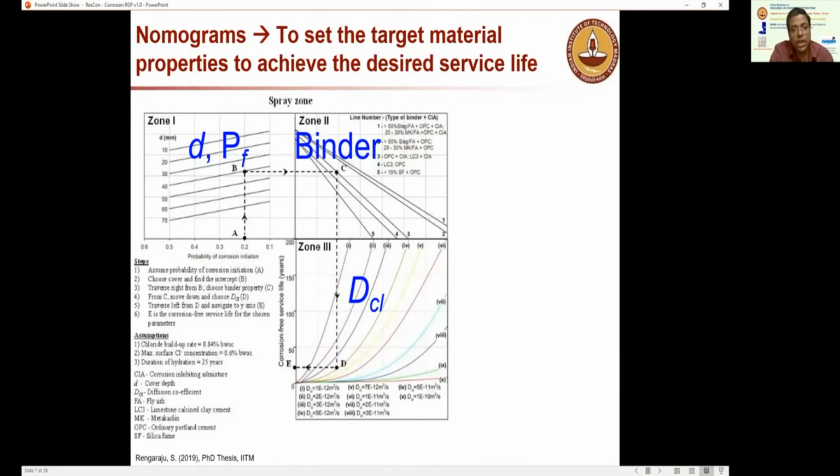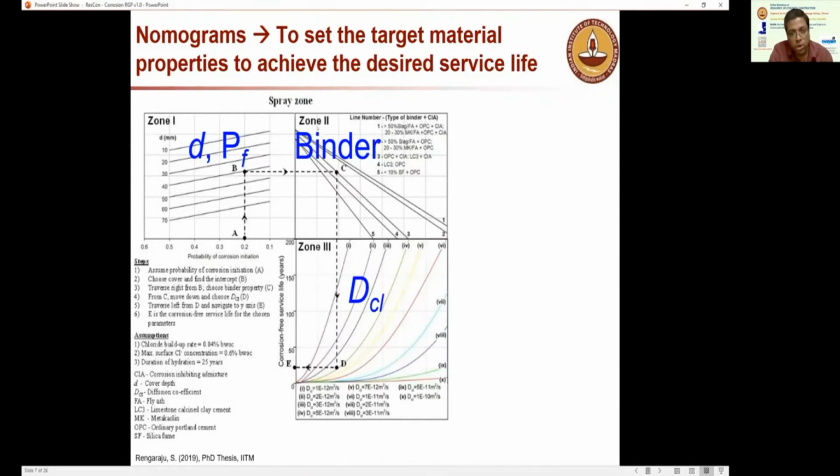That is, if we are designing for 50 years, at 50 years, what should be the probability of corrosion initiation? Then these two parameters a structural design office can determine, and then the materials engineer can also decide what type of binders and steel should be used.